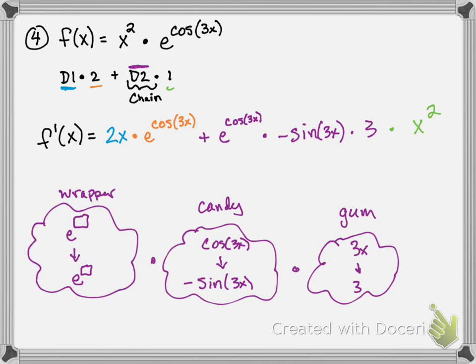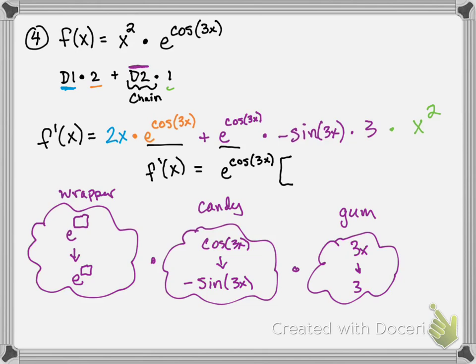Okay, so you could write this a little bit cleaner. F prime of x is... I notice that they both have that in common. Do y'all agree with that? So I can factor out an e to the cosine of 3x.